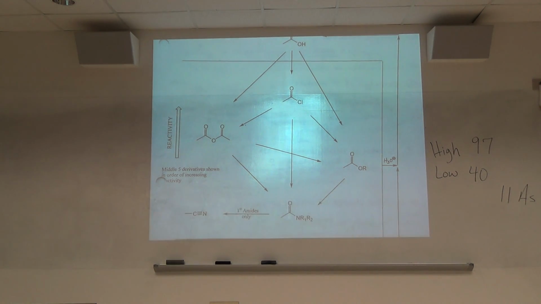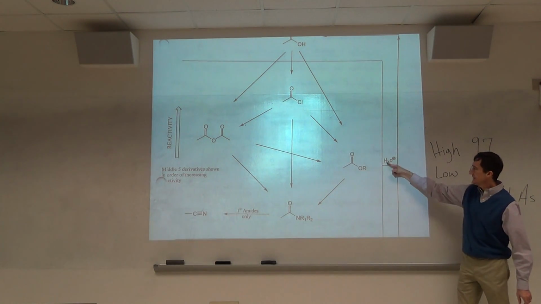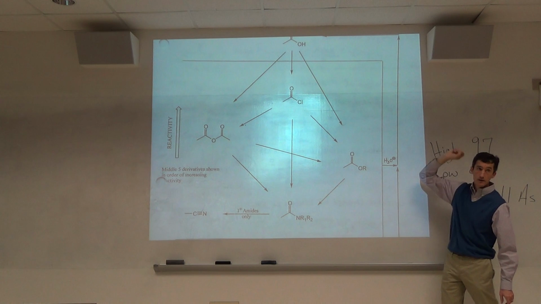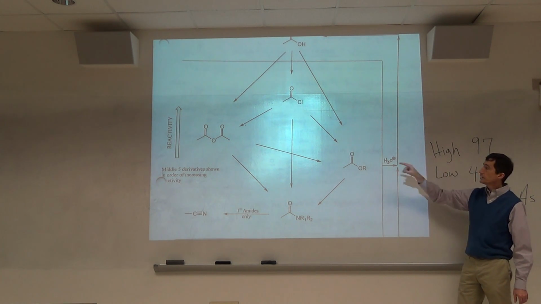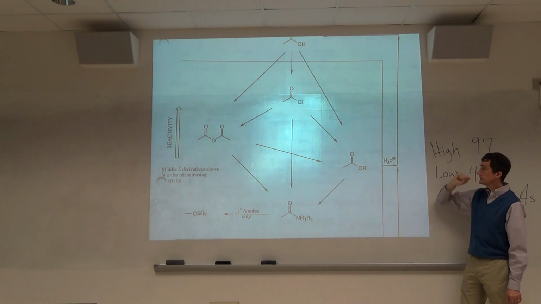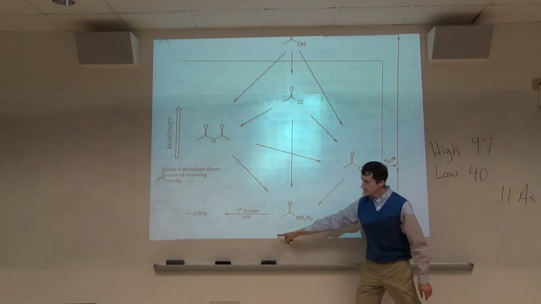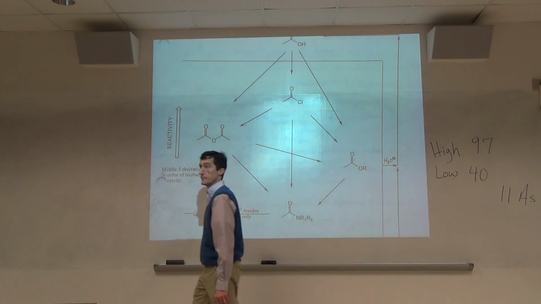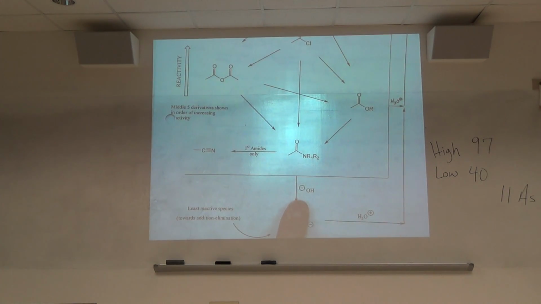Everything in the box can be hydrolyzed with aqueous acid back to what? Carboxylic acids. So they can all revert back to the king, carboxylic acid. You can also get back not using aqueous acid, but what does it say down here? Aqueous base.